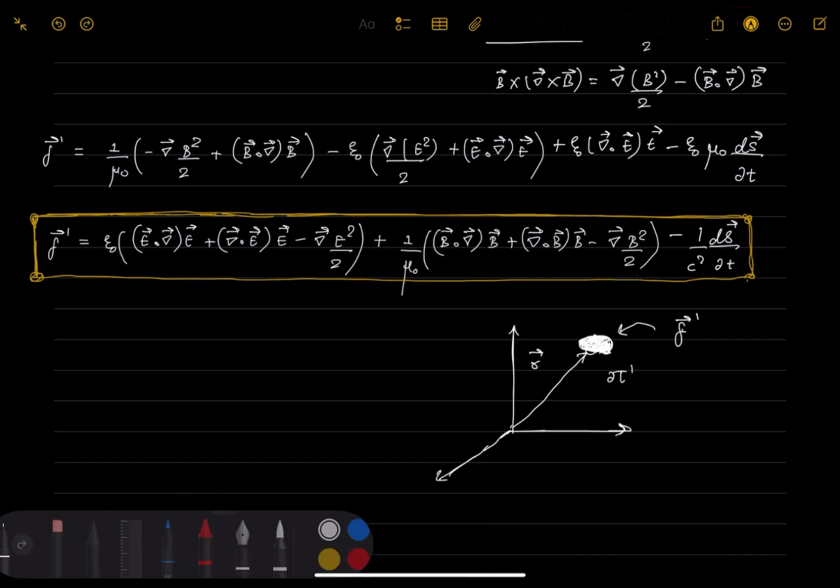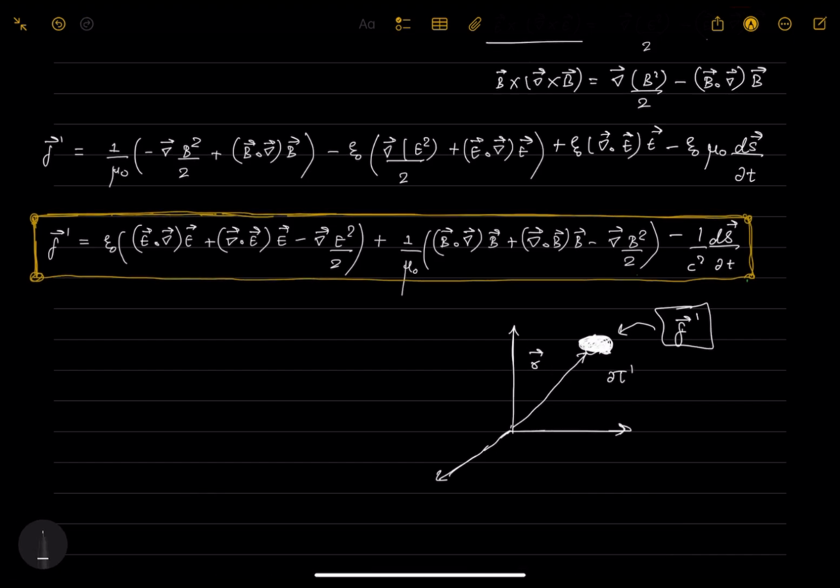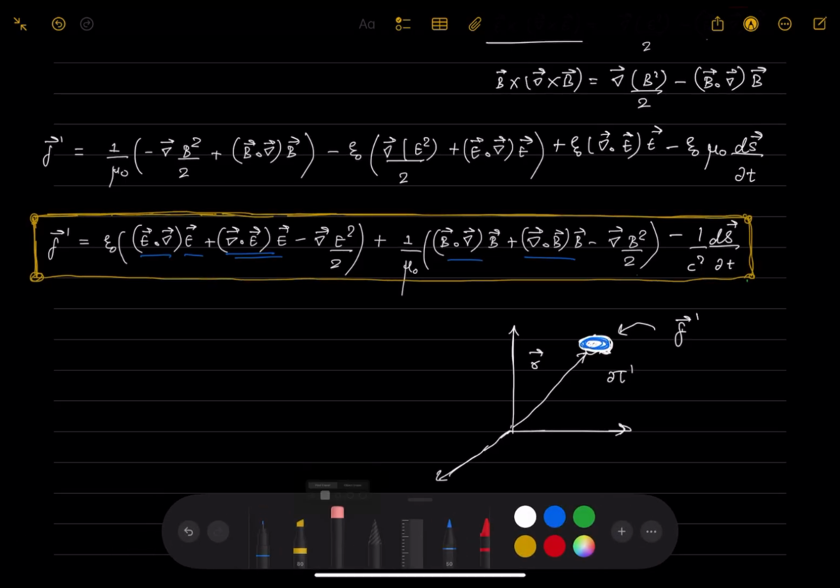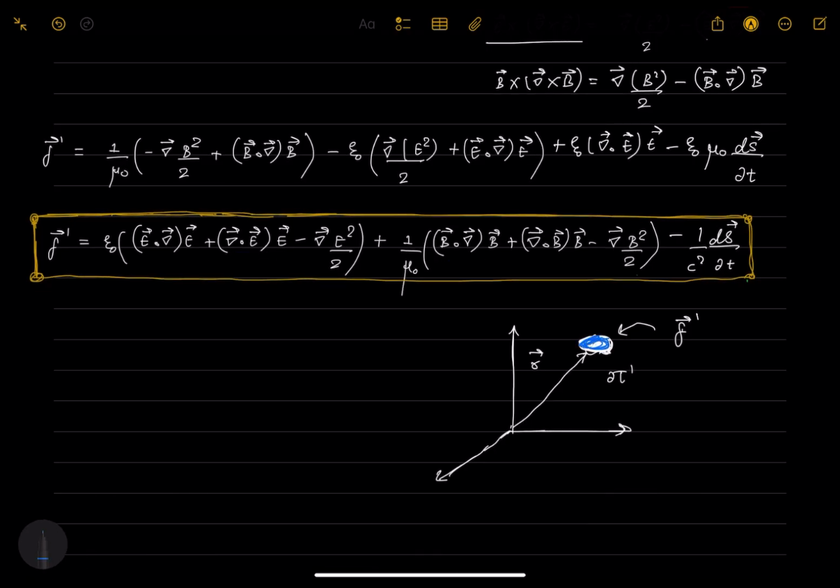I can tell what the local force density is purely with knowledge of the E and B fields and their variation within this volume. There are some E dot del terms, some divergence terms, some gradient terms, but purely if I know what the B field and E field are around this region, I know what the local force density is. And that's the beauty of Maxwell's equations.